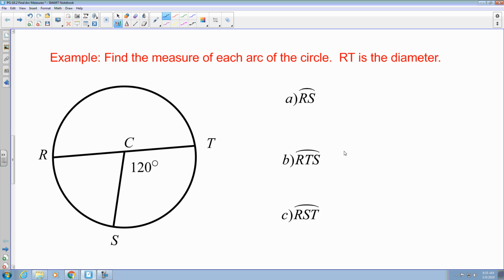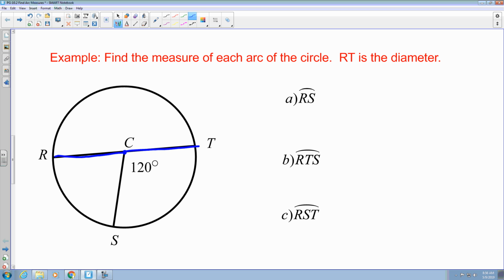We can still use a lot of our prior knowledge from other chapters in geometry and say, okay, we have point C here as the center, and we have this line segment here, and from here to here is a linear pair.